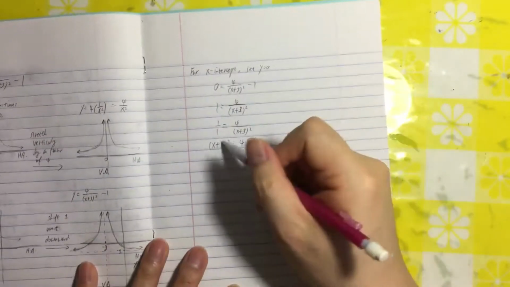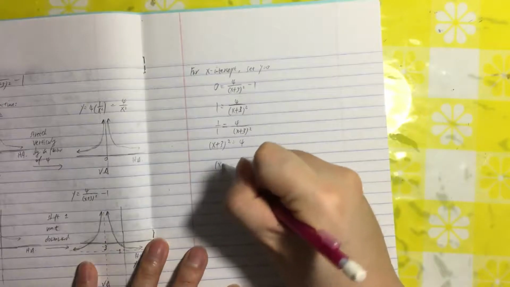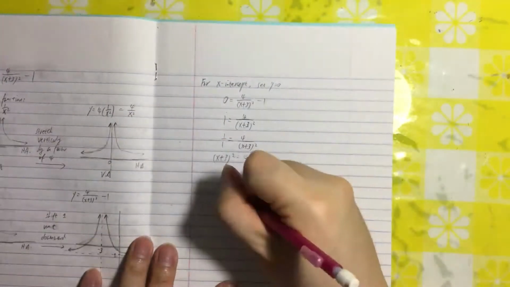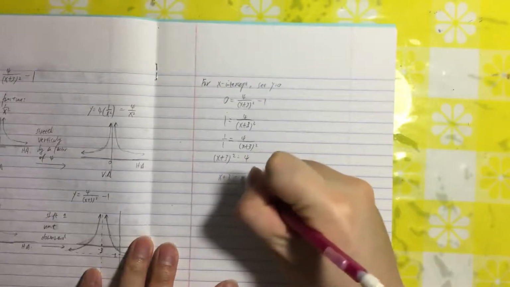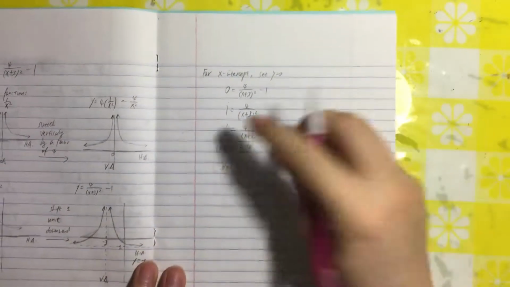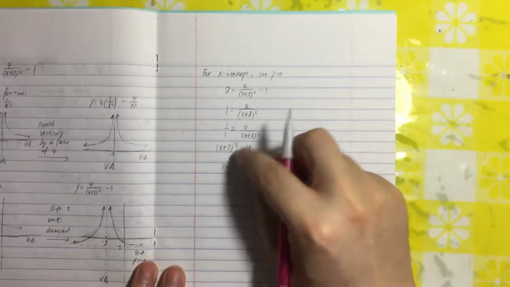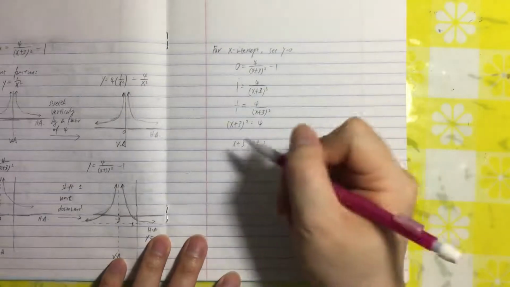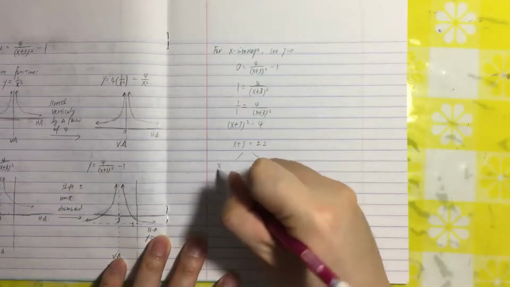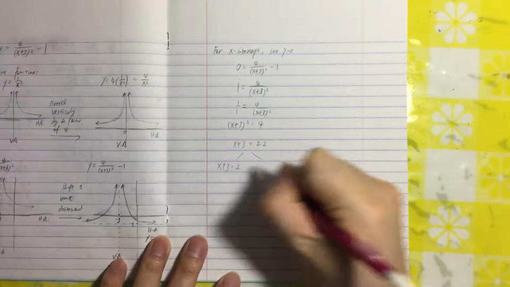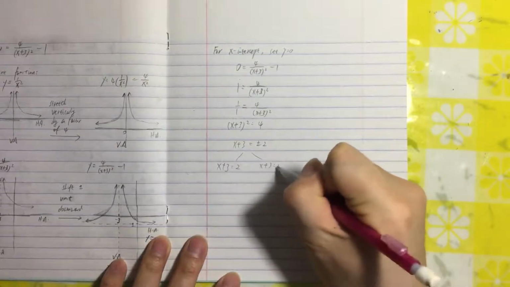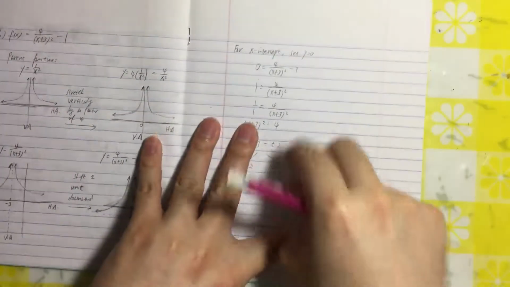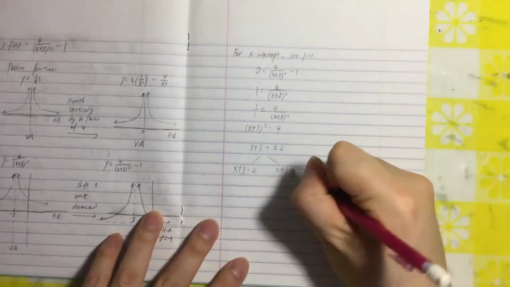Next, I can take the square root on both sides. When I take the square root, x plus 3 could be either positive 2 or -2.